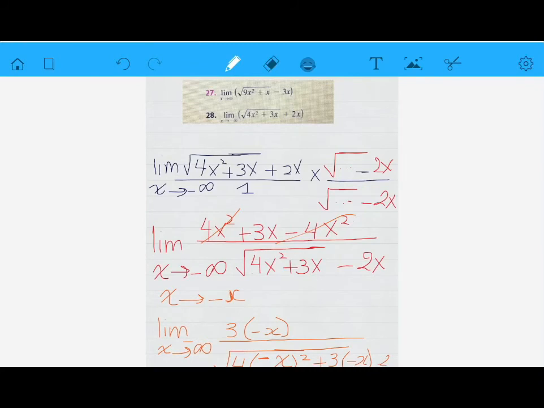Remember, if the power is odd, we change the sign to minus. But if you have an even power, like this one, we change minus to positive.